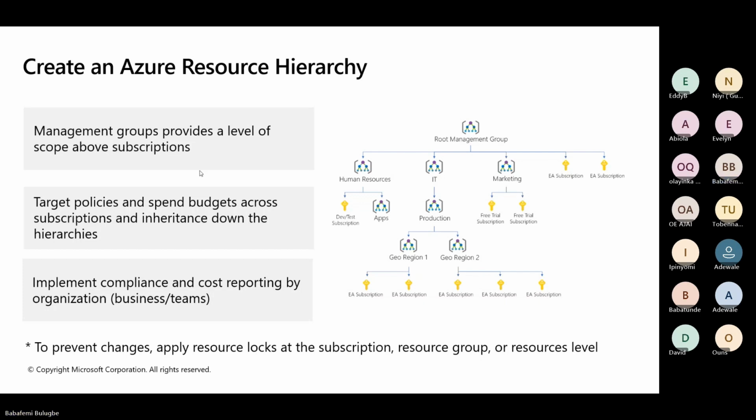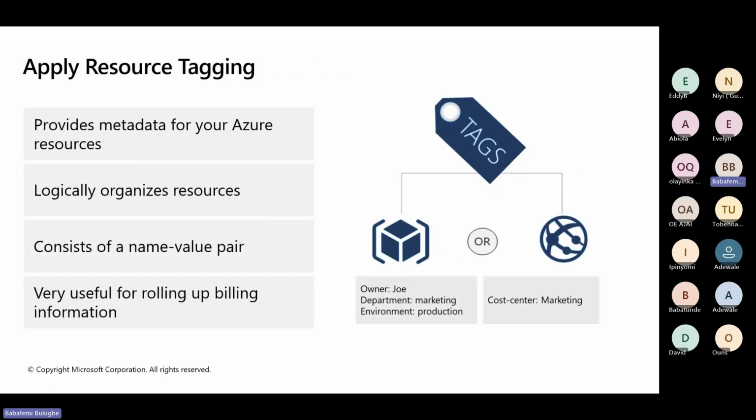Then another thing for cost management is resource tagging, which also creates a logical grouping. Let's say we want to tag the resources based on the departments within the organization.